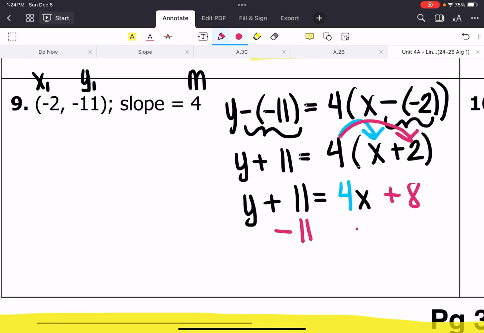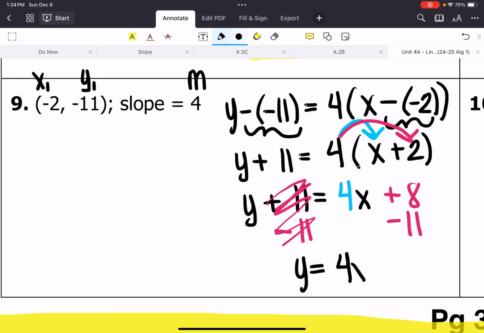Subtracting. And what you do to one side, you do to the other. 11 minus 11, this becomes 0. Y is now by itself. Bring down your 4x. And then 8 minus 11 leaves us with negative 3, giving us the equation of y equals 4x minus 3.